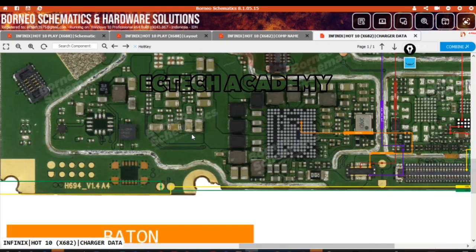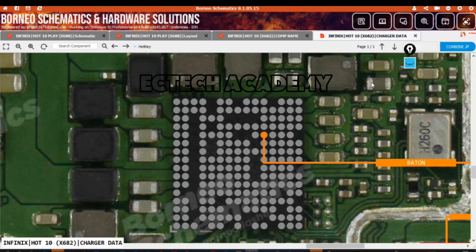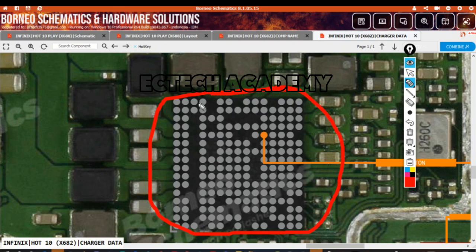And when we are talking about buck converters, your power IC also is a buck converter, because we have a lot of buck converter ICs inside it. In power IC, we call that IC LDO.